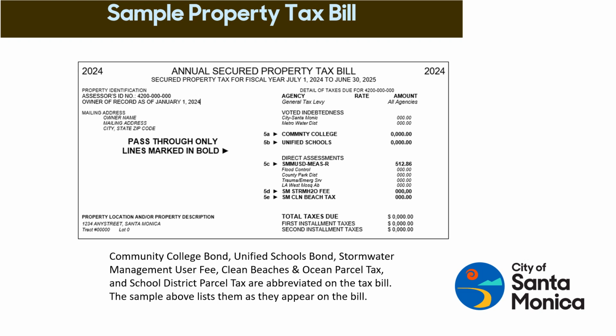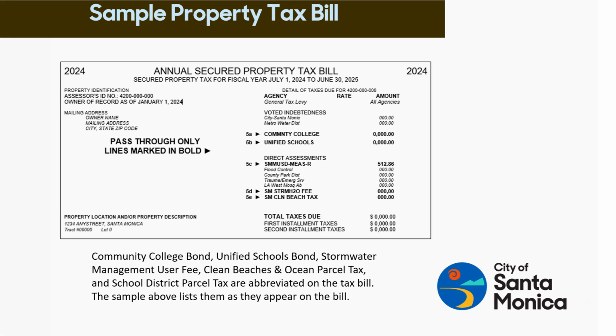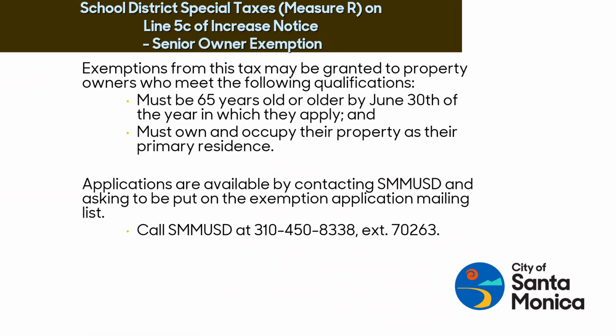Looking at the sample property tax bill, the 5 items are shown in bold as they will appear on the actual property tax bill. Make copies of the property tax bill to attach with the increase notice. There are exemptions for some surcharges for owners and tenants.